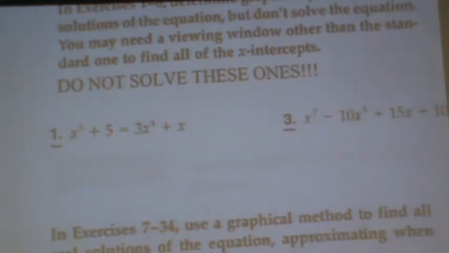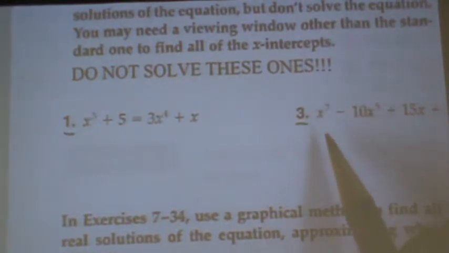What did you get? How many? 3. Anyone get something else? Do you see that? It hit 3 times. The answer is 3. You guys think that if it's the same degree, the answer is the degree of the problem, and that is not true.